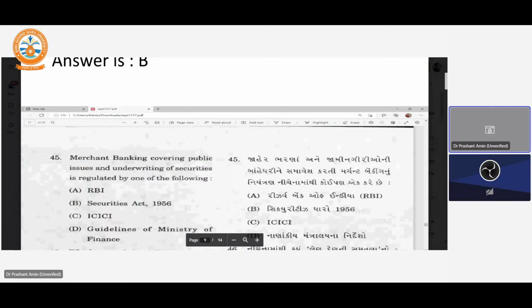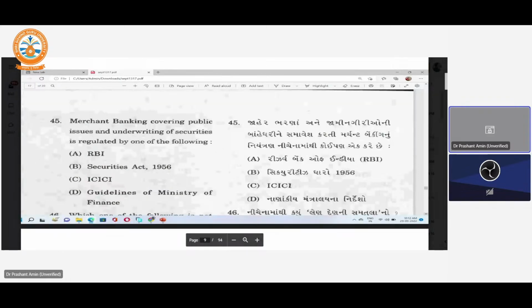Then there are certain questions related to the banking side also. As far as the syllabus is concerned, there are no separate banking regulation acts, and even the RBI Act is not covered.